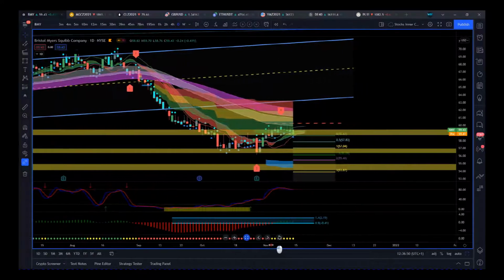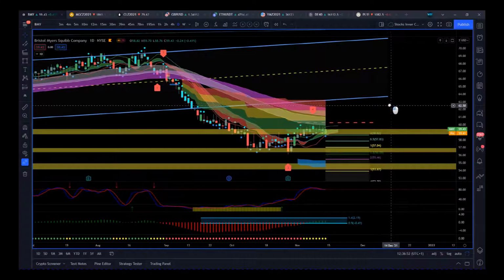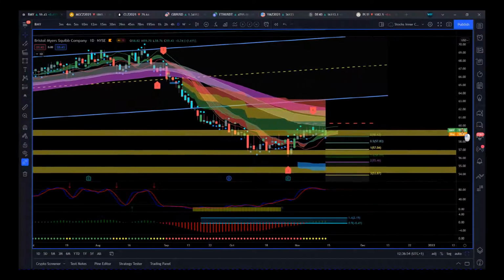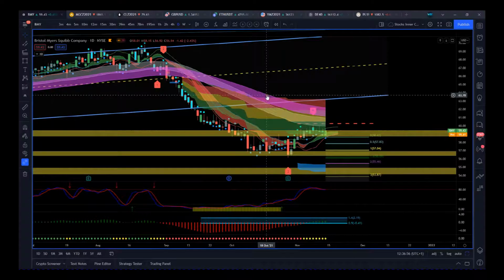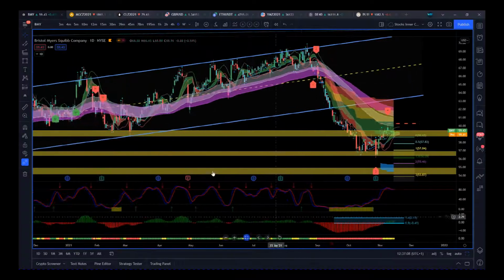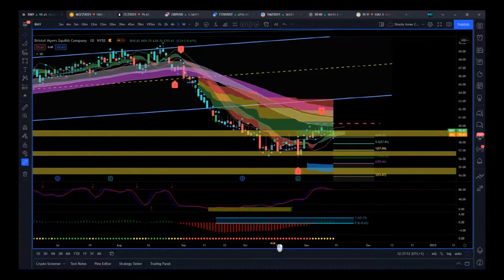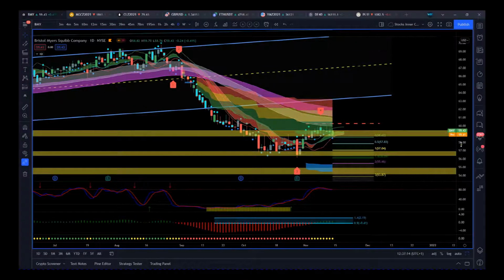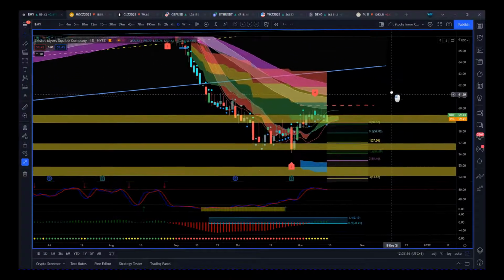I'm also using some of the tools in the swing trading bundle, like the EMA clouds. Purple is the 89 and the grey is the 55. When we're in a bullish trend you'll see the 55 above the 89. When we're in a bearish trend it is below, and we see that as a non-linear support and resistance zone.